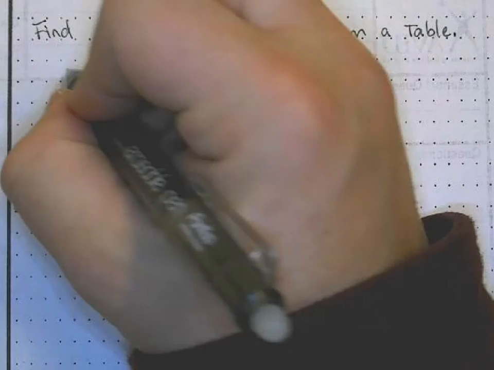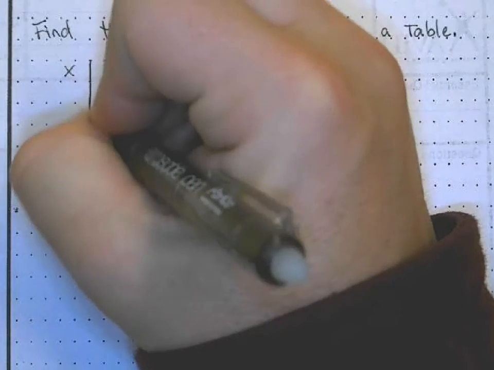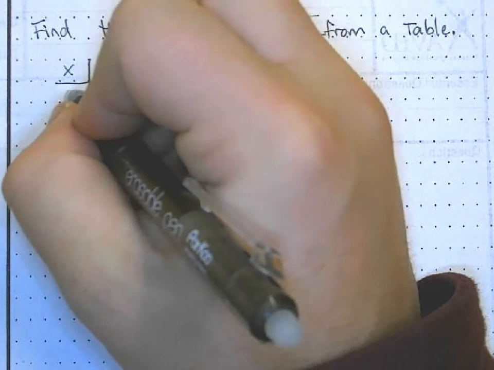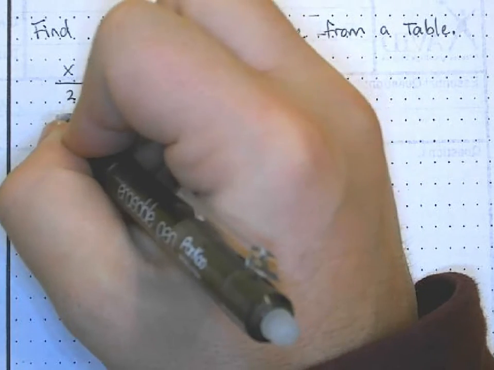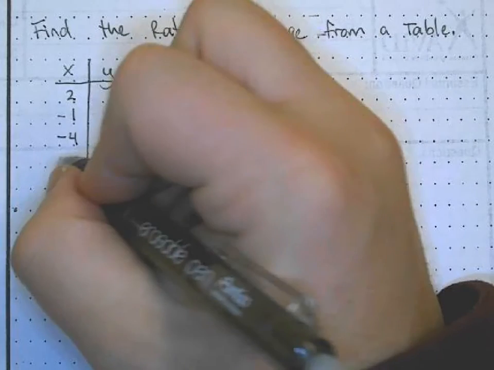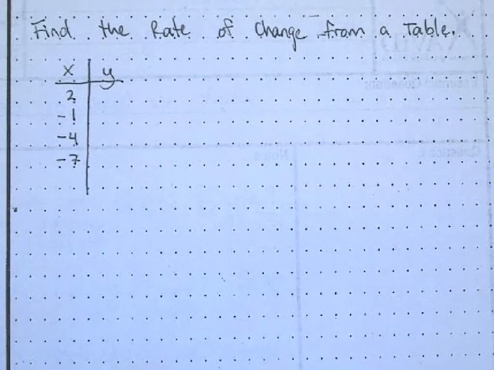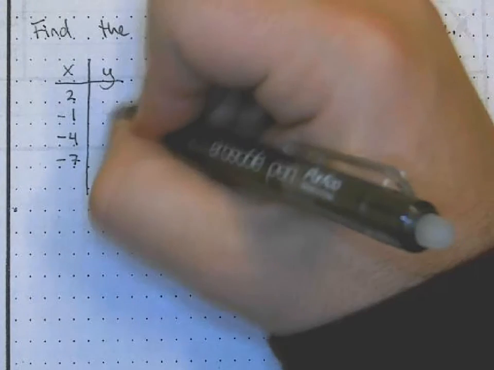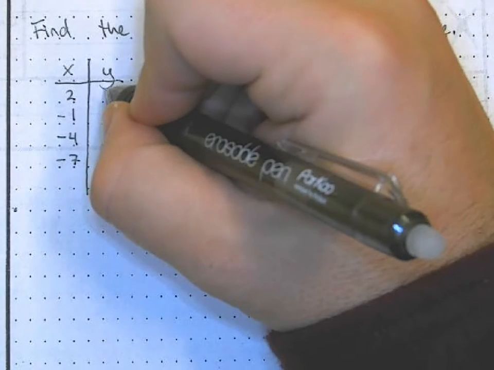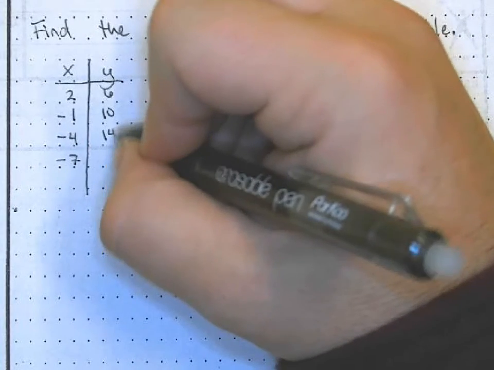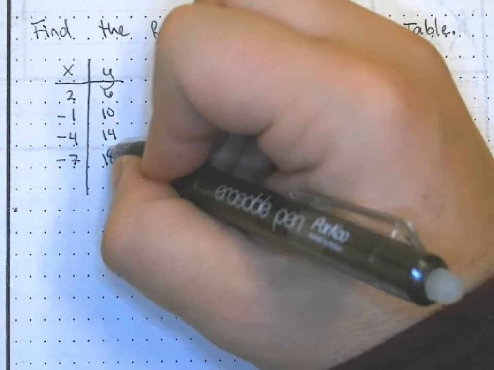So let's say I'm given a table, like so, and we're going to put the x values 2, negative 1, negative 4, negative 7. And then my y values are going to be 6, 10, 14, 18.